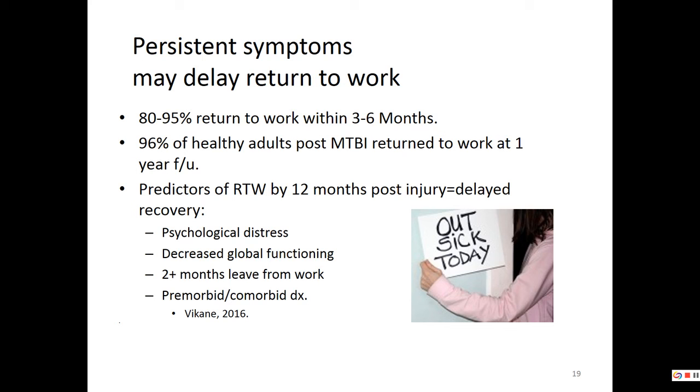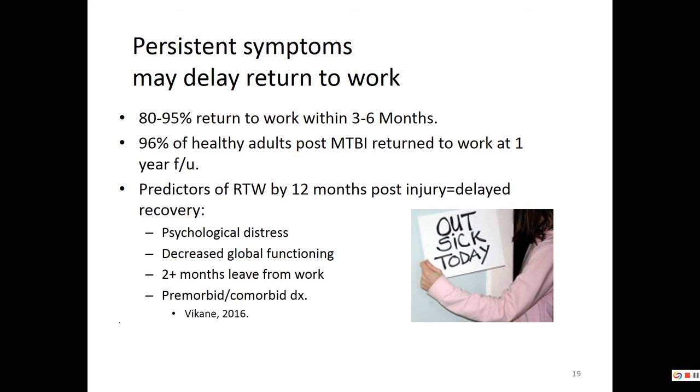So some things that we look at that start to give us a clue and some prognostic indicators of how this injury is going to play out, especially when there are prolonged symptoms, is how much psychological distress is going on with this individual, as it's related to the injury, as well as not necessarily just the injury, but what are all their other external psychosocial factors?